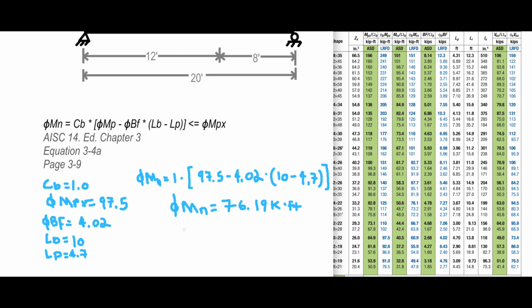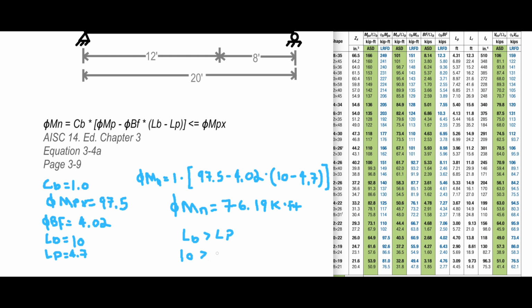And then the other thing that we want to check is this question: is Lb, our unbraced length, greater than Lp? We want to make sure that Lb, the unbraced length, which is 10 feet, is greater than that distance where yielding would control over lateral torsional buckling, right?